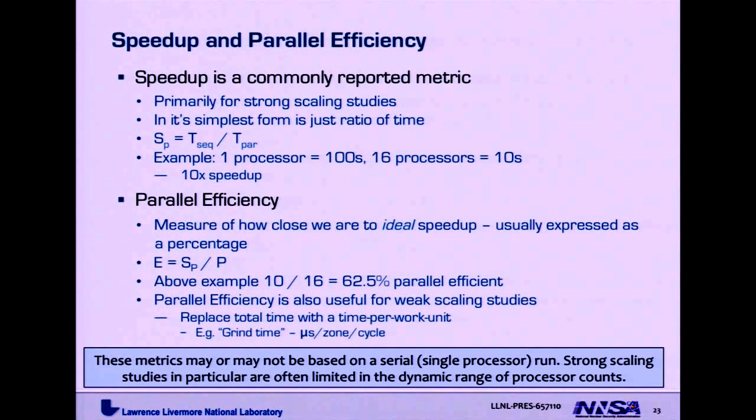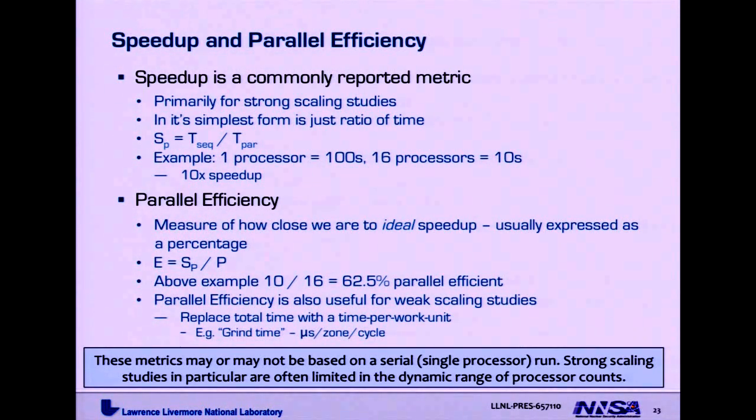Parallel efficiency is a little bit easier way to wrap your head around speed up, because it's a measure, as a percentage between 1 and 100%, of how close we are to ideal speed up. It can actually go above 100% if you're getting what's called superscalar speed ups, but I won't go into that.